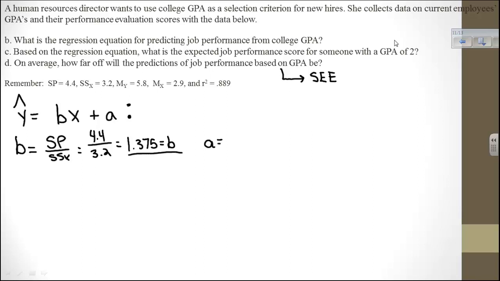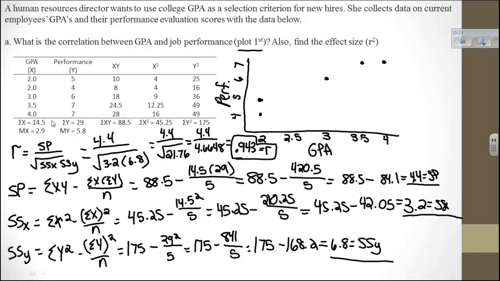Now a is equal to the mean of y minus b times the mean of x. And the mean of y and the mean of x are right here. So 14.5 divided by 5 gives you 2.9. 29 divided by 5 gives you 5.8.